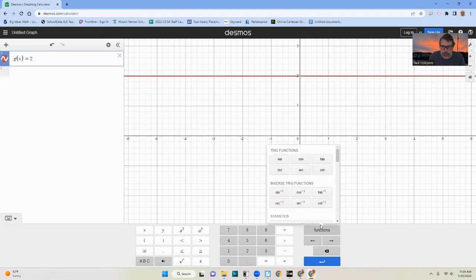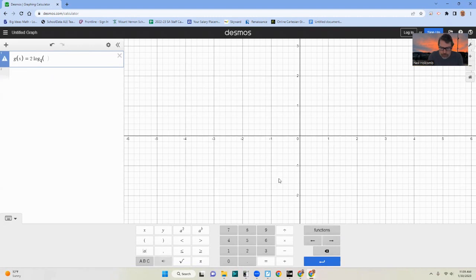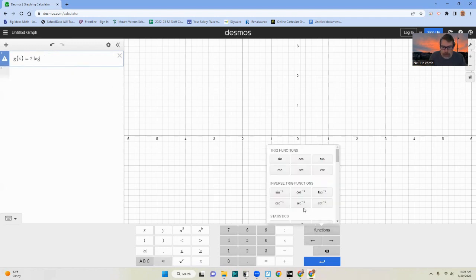And let me go to functions. Here it is. 2 log 1 divided by 2. Whoops. Try that again. Function. I want the log base.